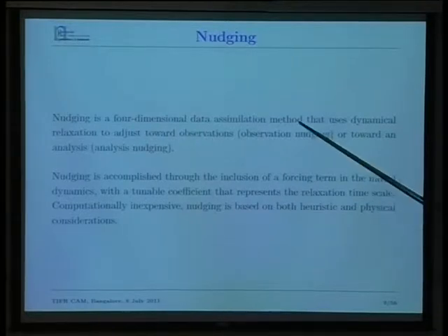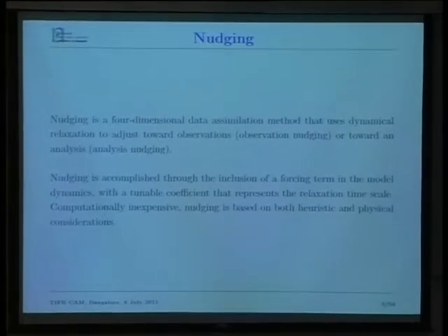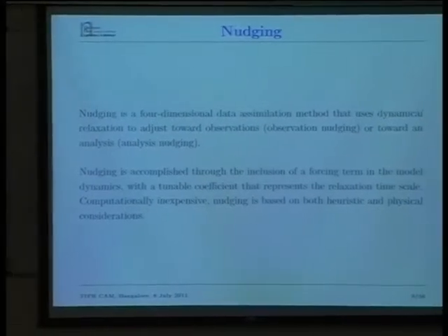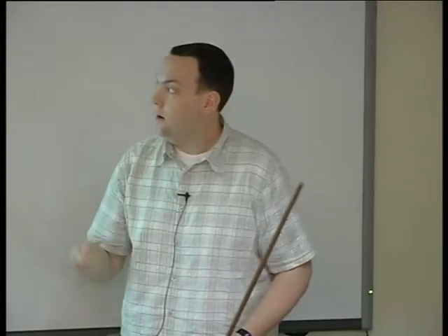But sometimes inside the 4D-Var scheme you have some nudging to improve the 4D-Var. So the idea is that you use dynamical relaxation to adjust the solution towards the observations, or towards something else. It could be towards the analysis of a Kalman filter, for instance.